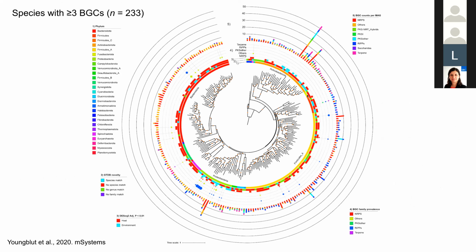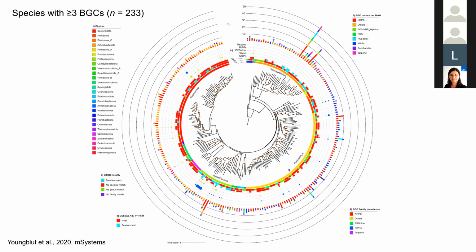So we looked at this in more detail in terms of the species that had the most BGCs. Here, just showing species with at least 3 BGCs, which is 233 shown in this phylogeny. Orange dots represent good bootstrap support. There's a lot of data on this tree, so I'll go through it one at a time here.